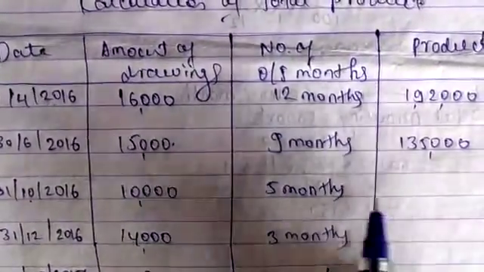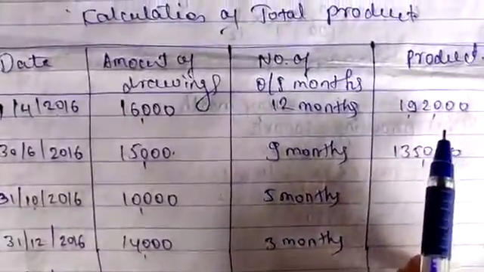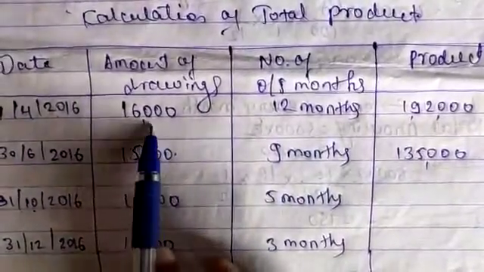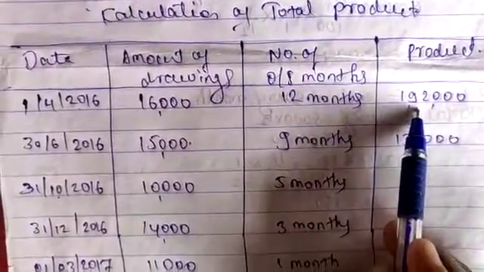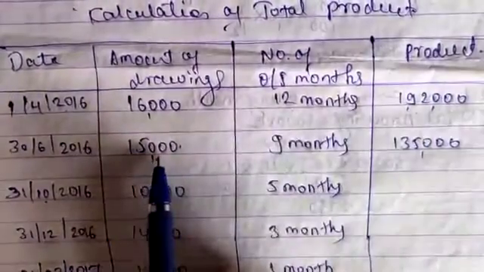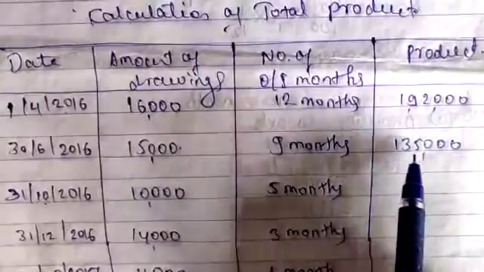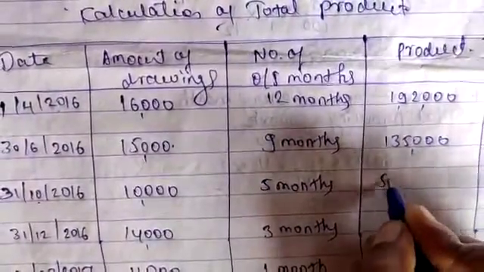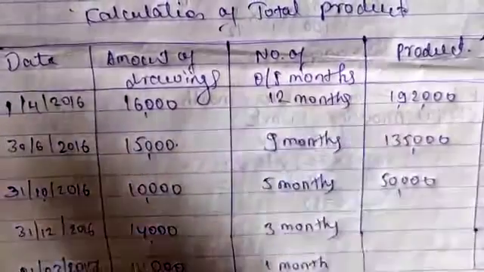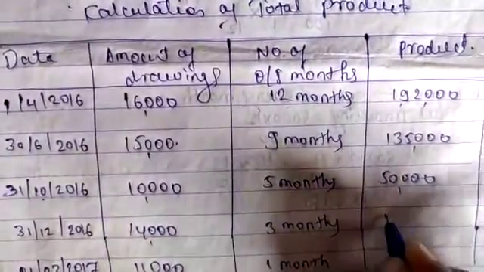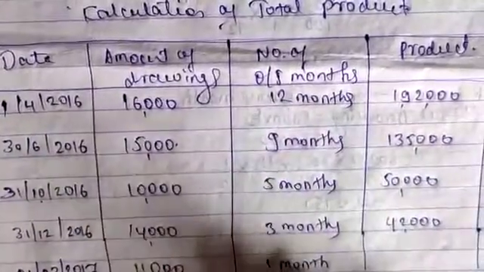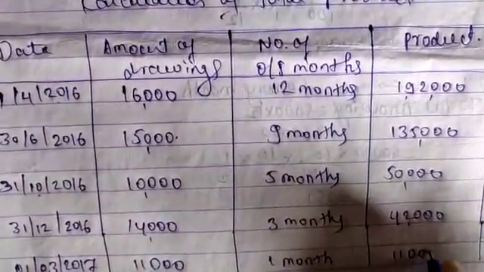So we have to find out the total product now by taking the withdrawal amount and outstanding months. 16,000 into 12, 1,92,000. 15,000 into 9, 1,35,000. 10,000 into 5, 50,000. 14,000 into 3, it is 42,000. 11,000 into 1, it becomes 11,000 only.